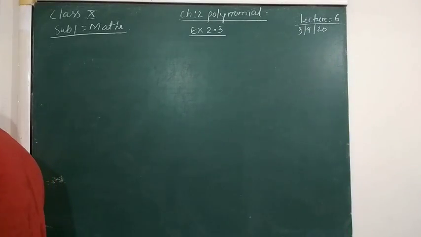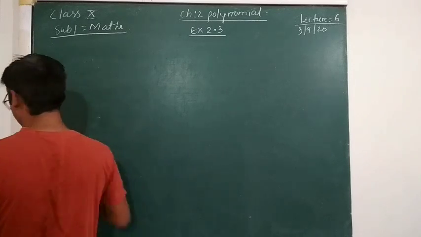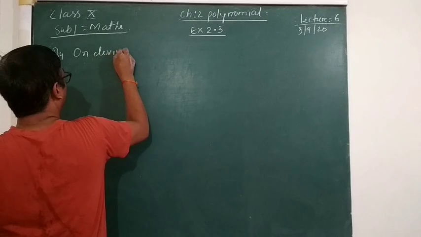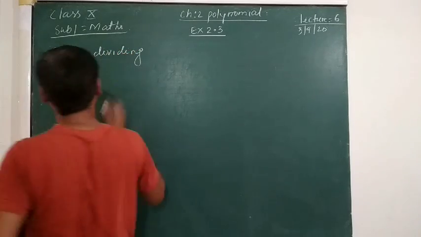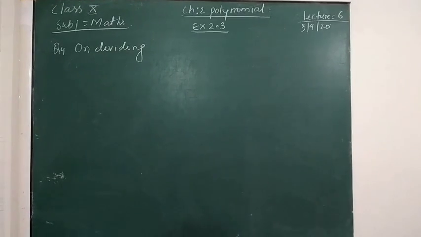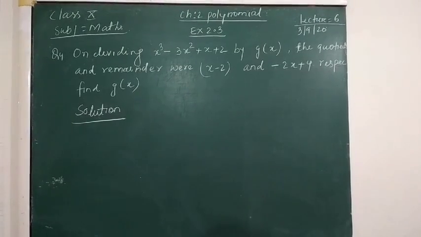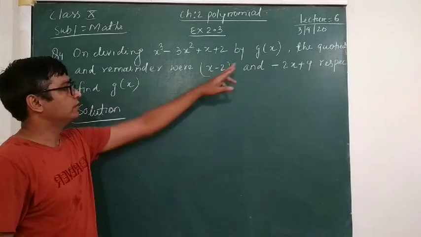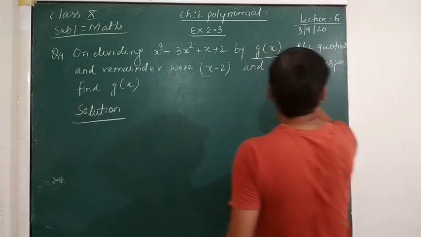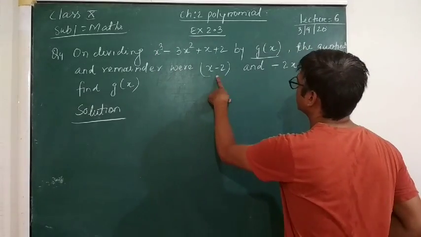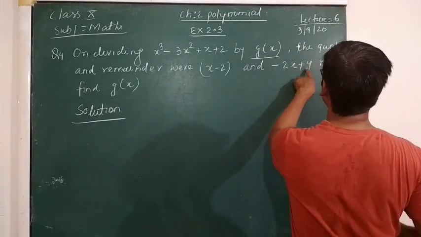Question number 4 is: on dividing x cube minus 3x square plus x plus 2 by gx, gx is the divisor, the quotient and remainder are x minus 2 and minus 2x plus 4.